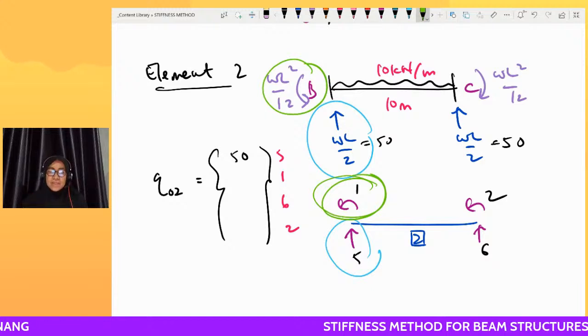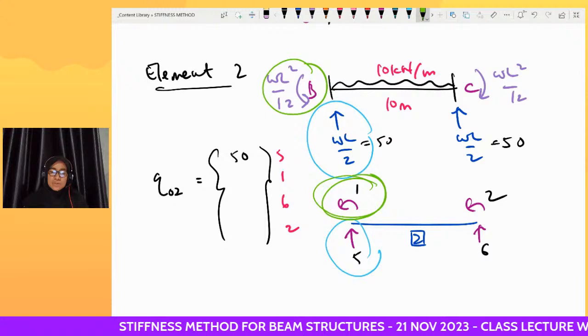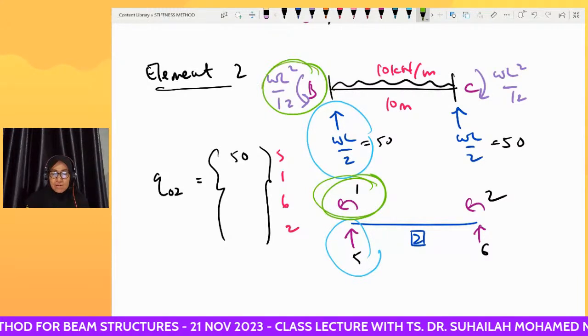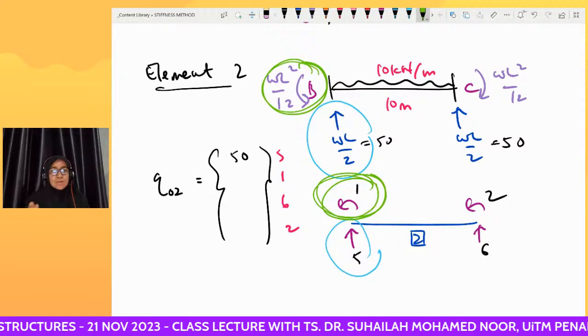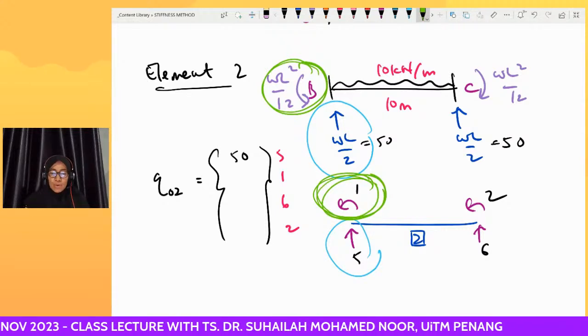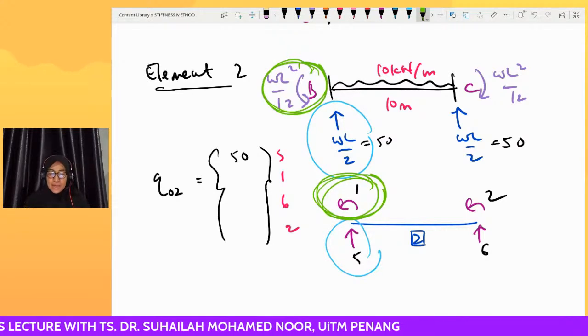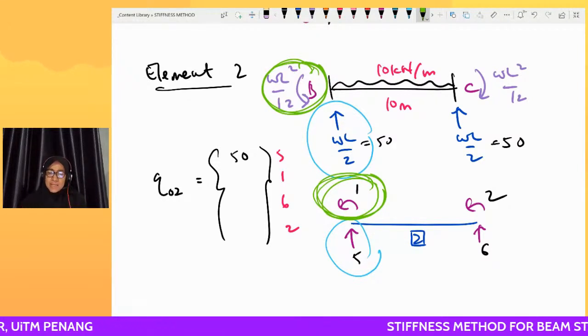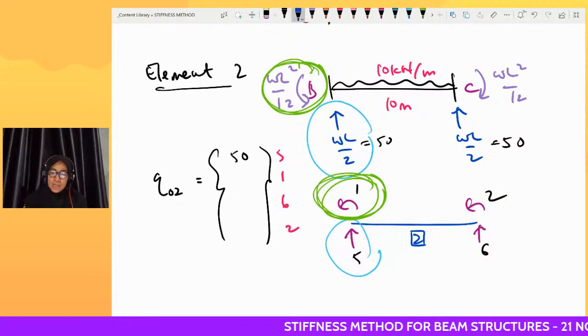For the Z sign convention, counterclockwise is positive as well. So it is the same direction. This is counterclockwise, this is also counterclockwise. The value is WL squared over 12. Please calculate what the answer is.